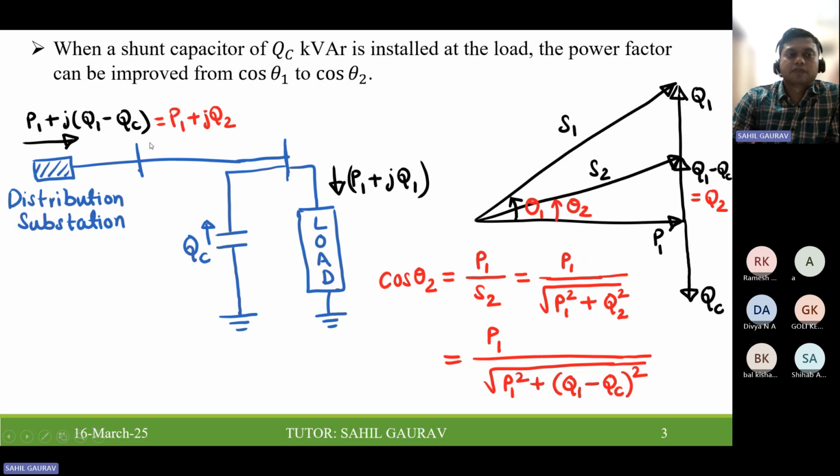We are not taking the reactive power coming from the substation, which comes from the generation end. So there are higher power losses if you demand reactive power from the substation.